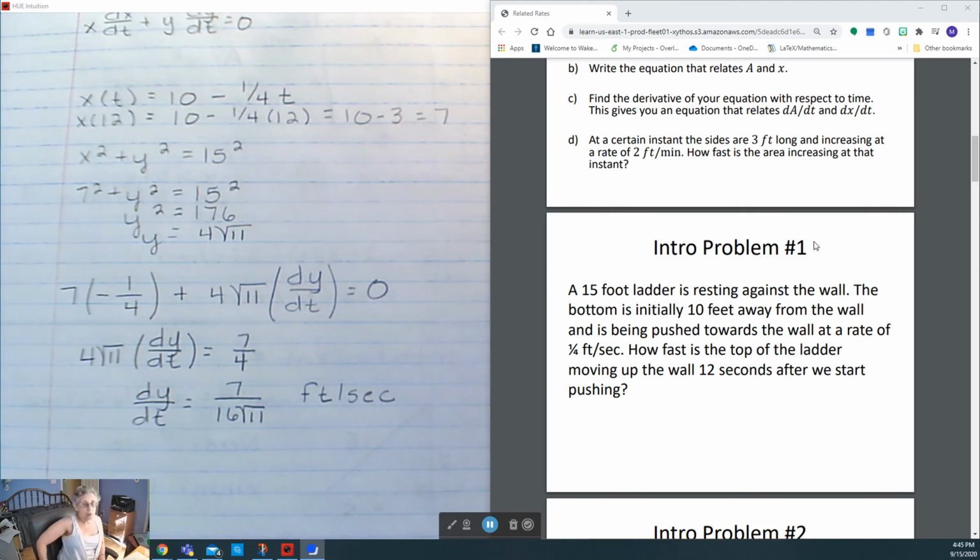Usually we finish up by writing down what we mean in the context of the problem, and when I do that, I usually go ahead and get myself a decimal answer that I can wrap my head around. So 7 divided by, open up a set of parentheses, 16 times the square root of 11.